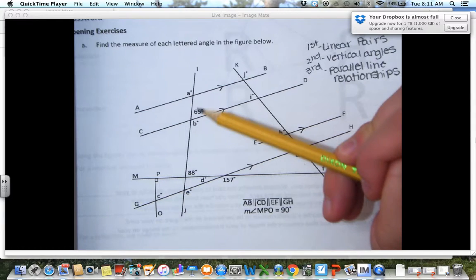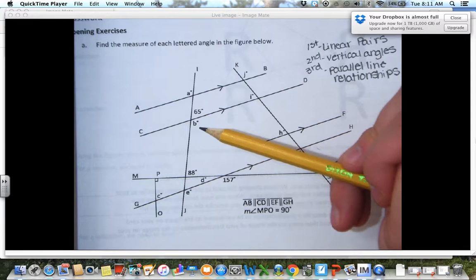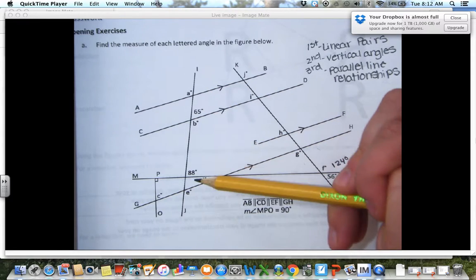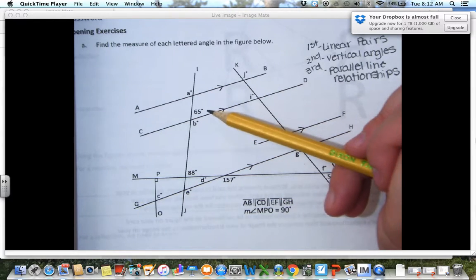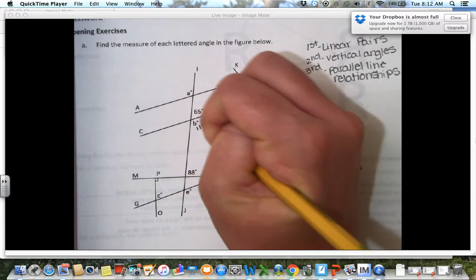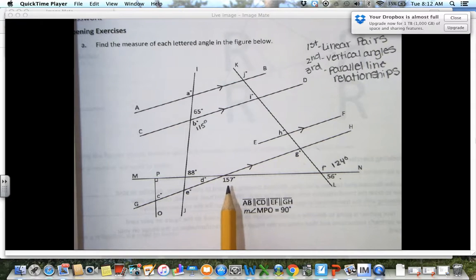Here is another linear pair. 65 degrees plus angle B equals 180 degrees because both angles are on line IJ. So 180 minus 65 equals 115 degrees. 115 degrees is angle B. Now, the next linear pair that I see is angle D and 157 degrees.